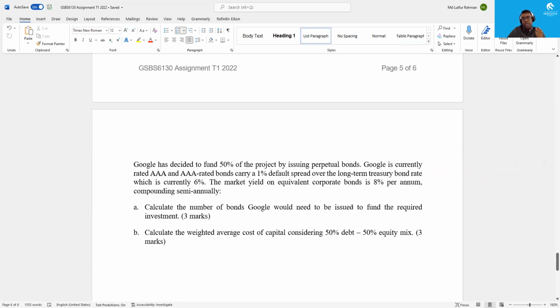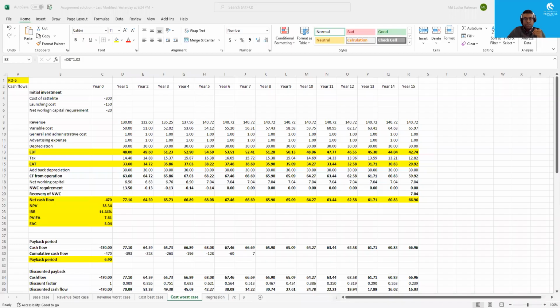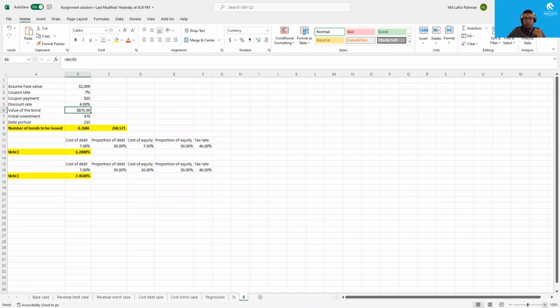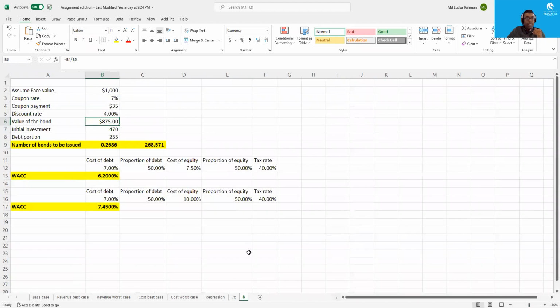So what you need to do is, let me show you the Excel again so you understand what you should do here. So look at this. You need to assume a face value of a bond, let's say $1,000. Coupon rate is 7%, I already mentioned. It is also mentioned that the coupon will be paid semi-annually, right?